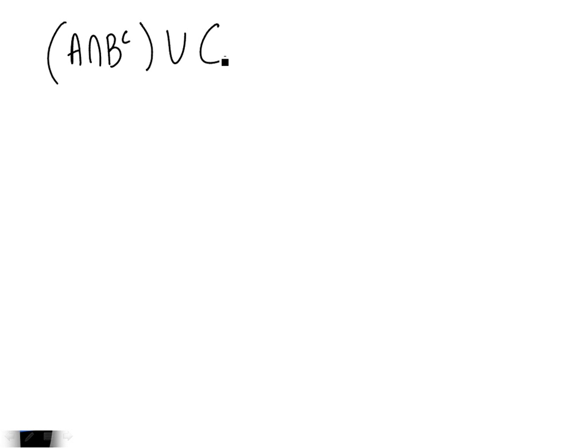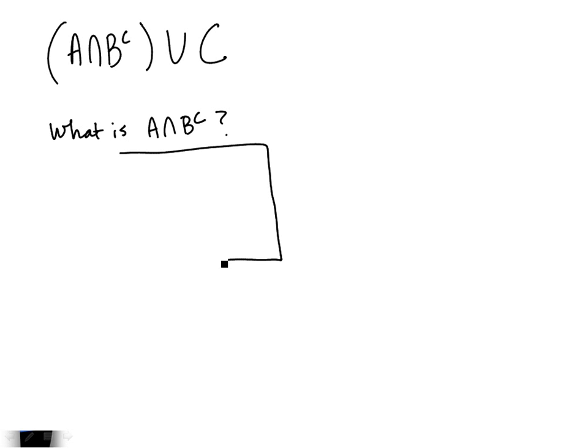Alright, so let's first figure out what is A intersection B complement. And since it's an intersection, what I'm going to do is use one Venn diagram but 2 different colors.